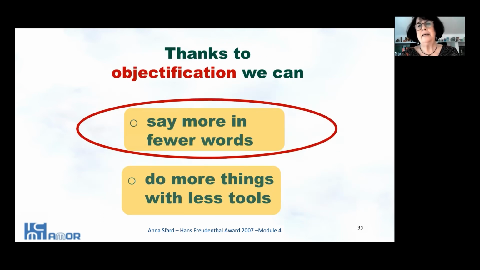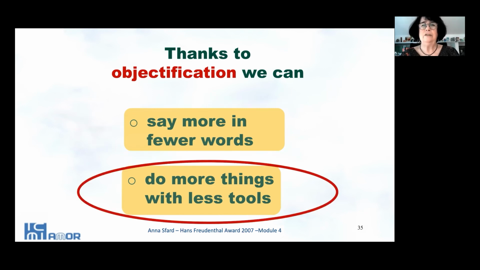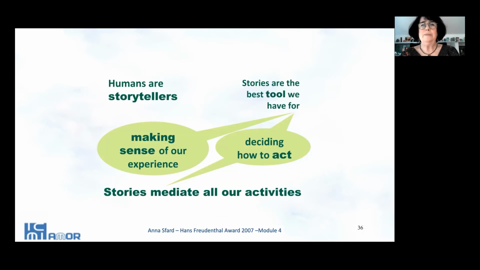So having made my first point, I can now go to the second. Objectification allows us to do more things with a smaller set of tools. In the previous module, I claimed that research, whether mathematical or any other, provides us with stories that help us in deciding about how to act.